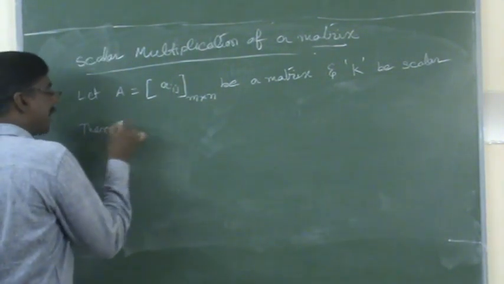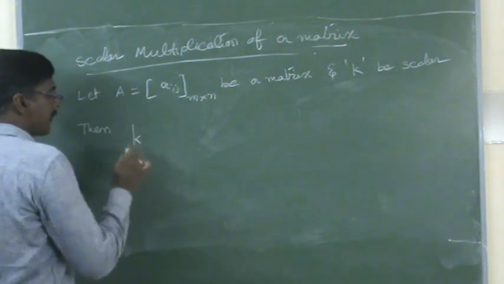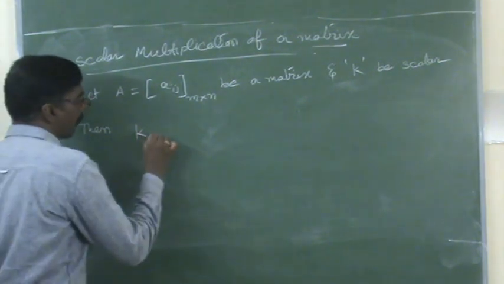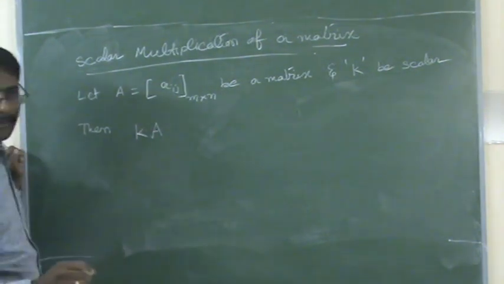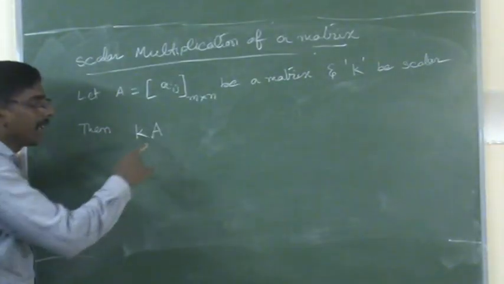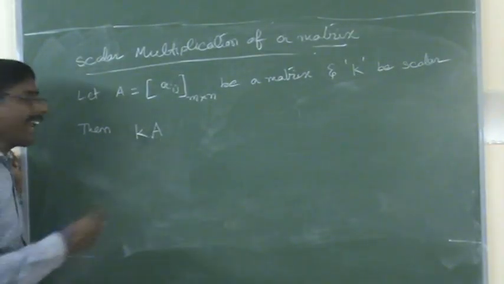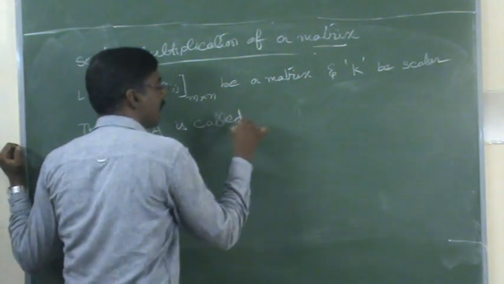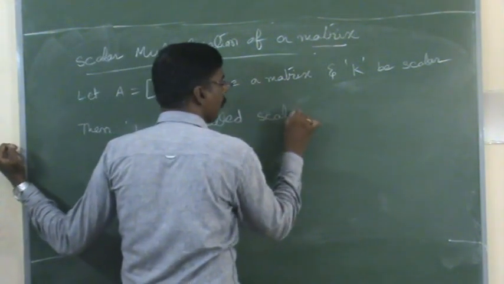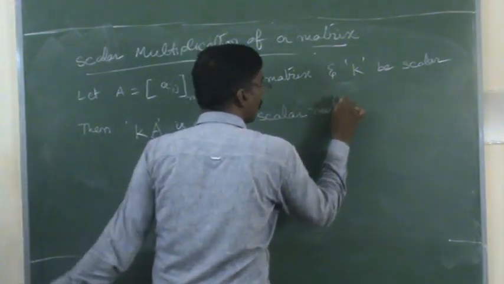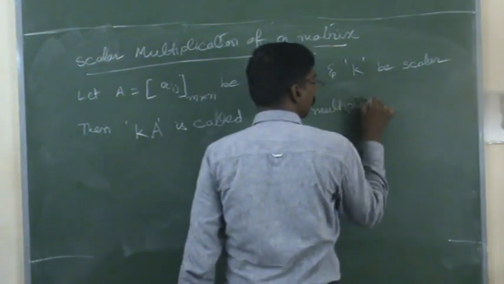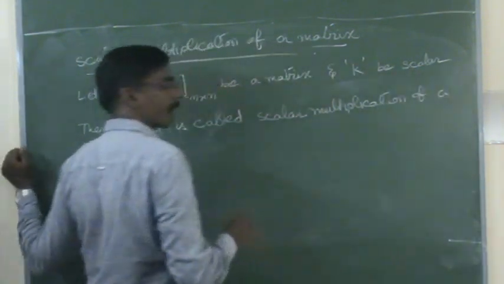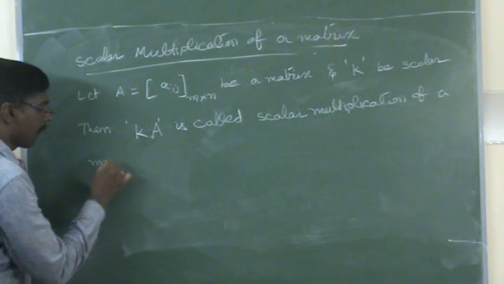Then this scalar number k multiplied by matrix A, where k is some number and A is one matrix, is called scalar multiplication of a matrix.